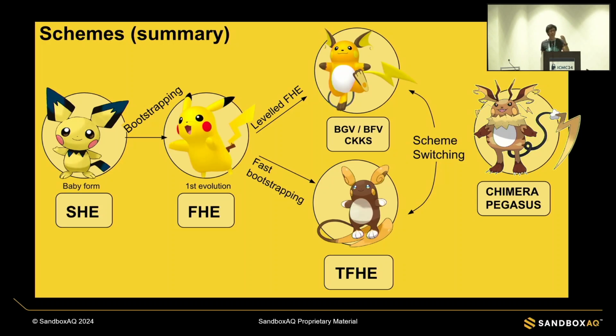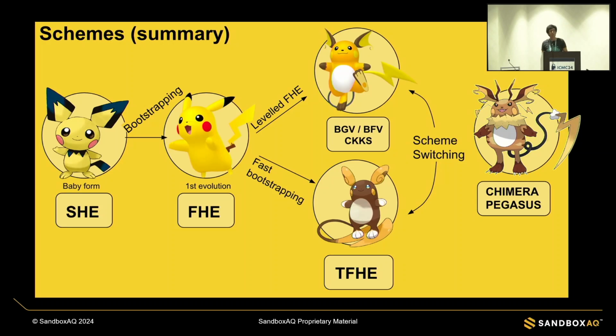So we predefine all these different levels of multiplicative depth that we will have, and this will condition the size of the parameters of the encryption scheme. And in those schemes, bootstrapping is usually quite expensive, so we want to try to avoid that.